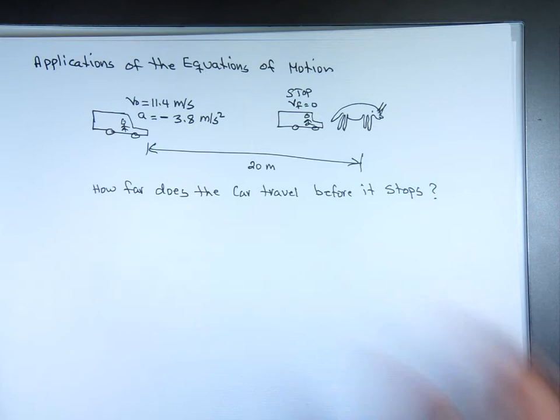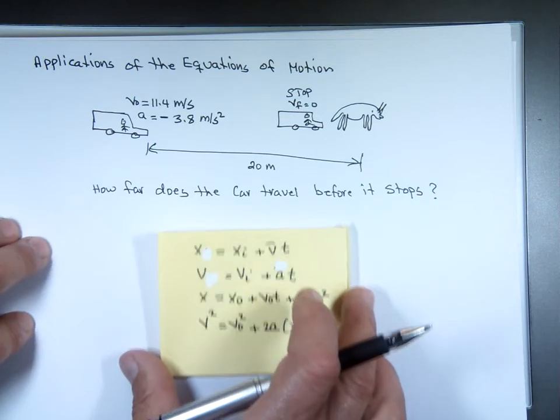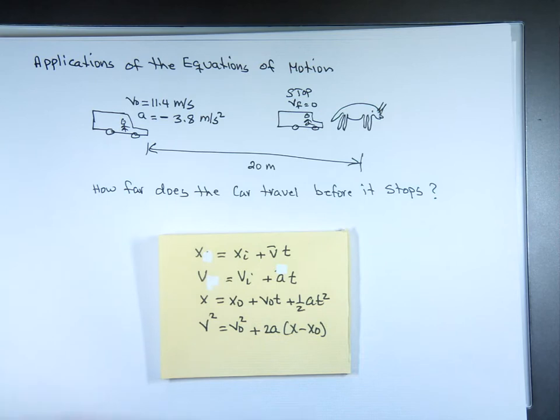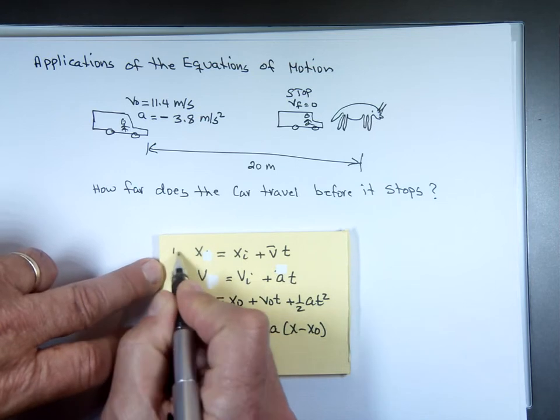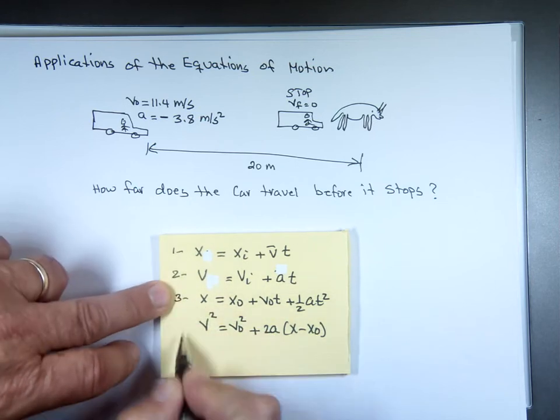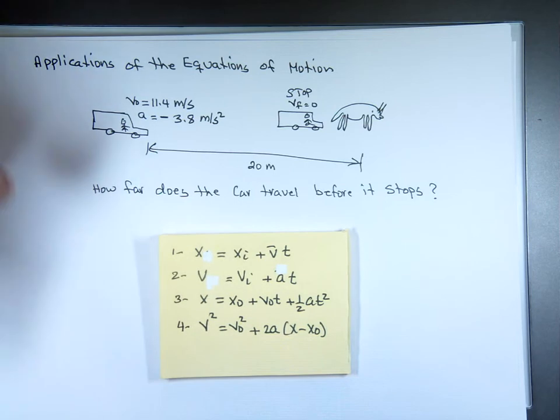So is there an equation? Here's my 4 equations. Is there an equation I can use here that will tell me what that distance is? If I number these 1, 2, 3, and 4. Which equation do you think will give me that answer?